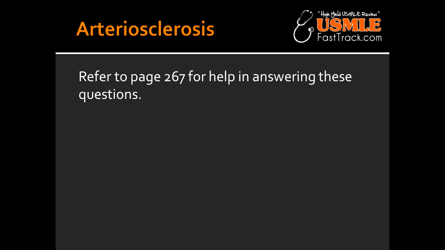Describe the hyperplastic type of arteriolosclerosis. The hyperplastic type of arteriolosclerosis is when there is onion skinning appearance of the arteries, which happens in malignant hypertension. What is atherosclerosis? Atherosclerosis is a condition in which fibrous plaque and atheromas form in the intima of the arteries.